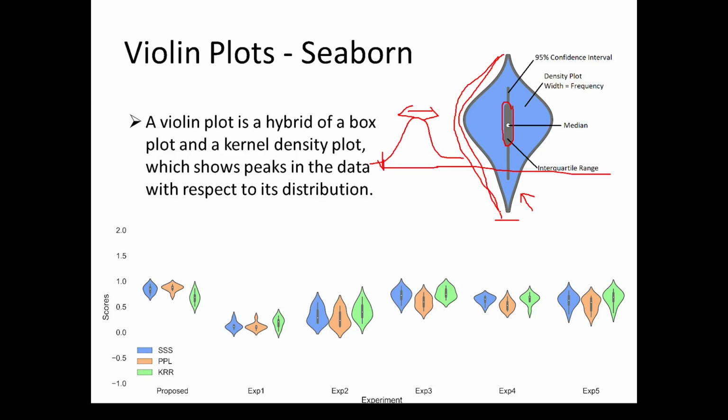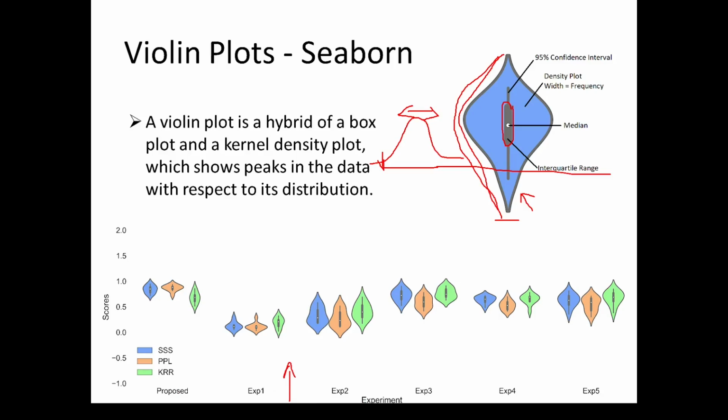That's why in a scenario where analysis of data distribution based on its peaks is very important, violin plots are useful. In this video, we are going to generate a similar plot to the one shown in this slide, using violin plots from the Seaborn library.